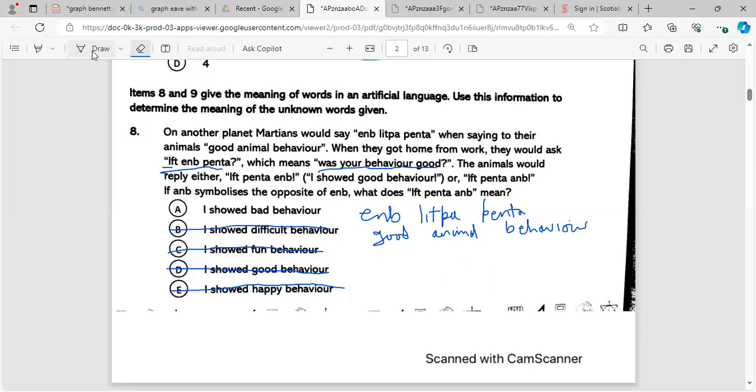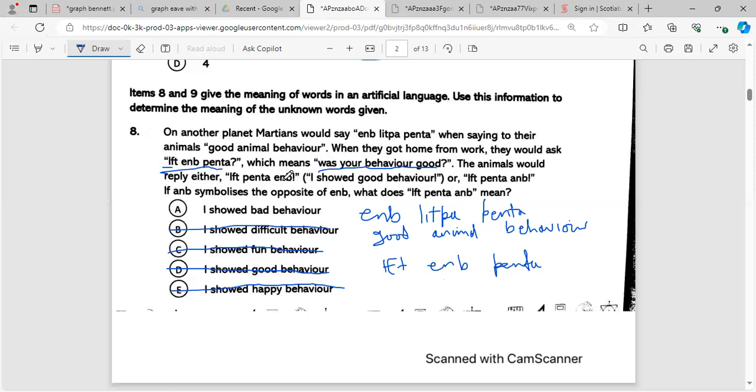They just wanted to be confused on what good or what any of them means. They have to use common knowledge to see. I don't think one word means a particular word, which means was your behavior good?